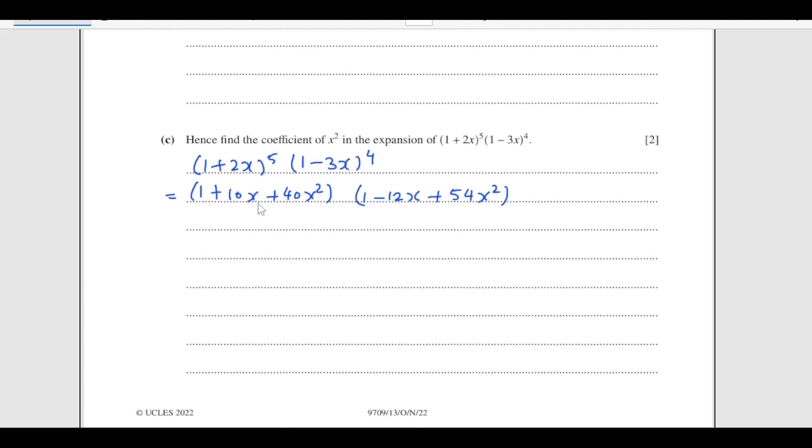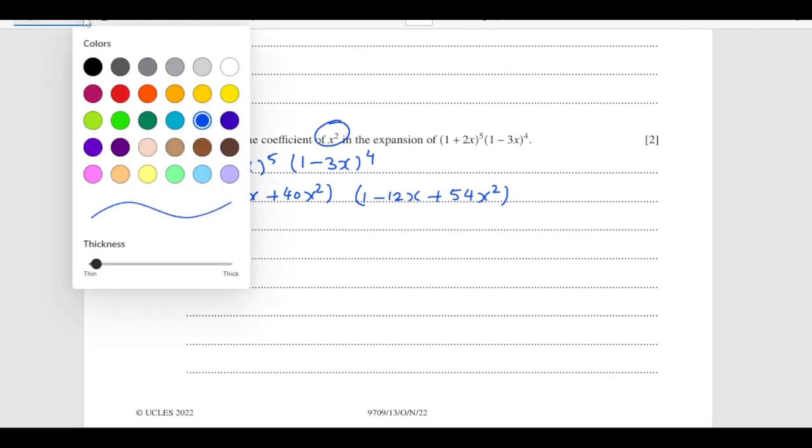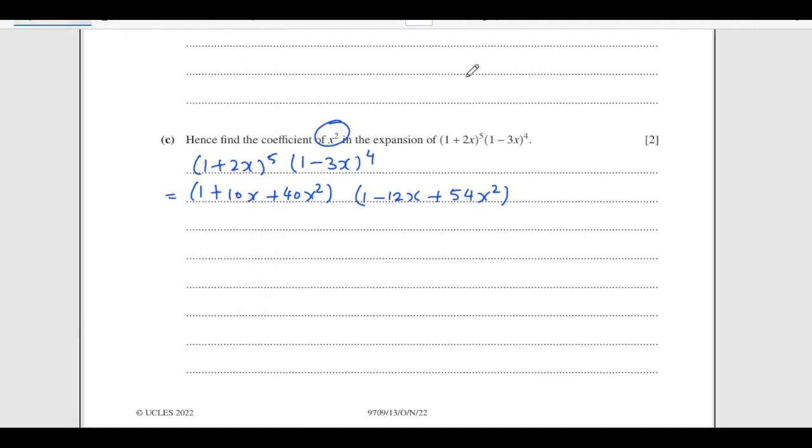So now we are looking for the coefficient of x squared. To find it, we will see where we get x squared terms. The 1 is going to multiply everything, so we get one term, 54x squared, right. Then 10x will be multiplied throughout, so 10x times negative 12x gives us an x squared term, which is negative 120x squared.